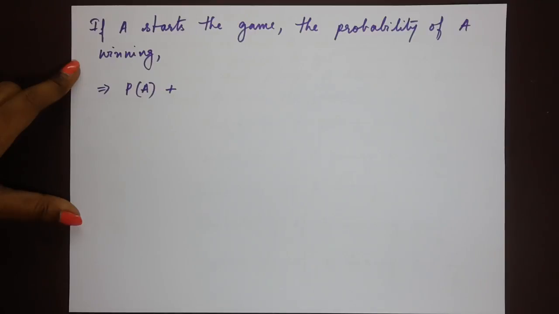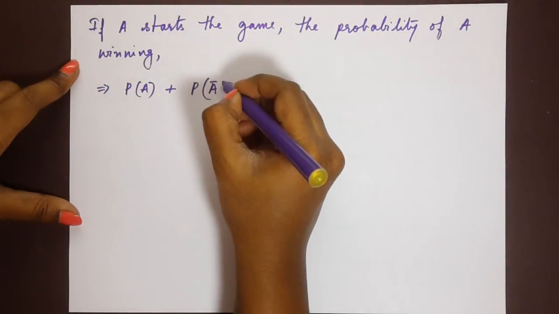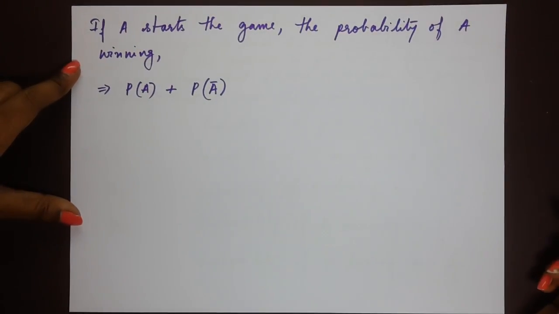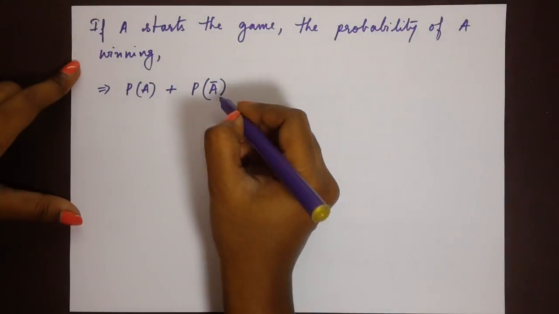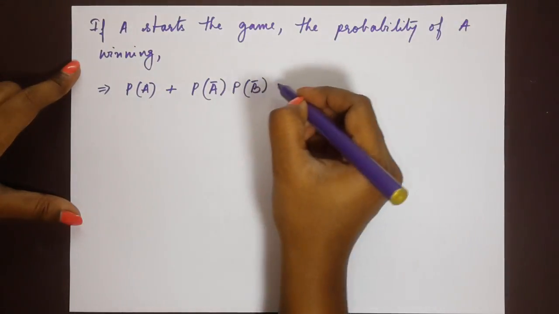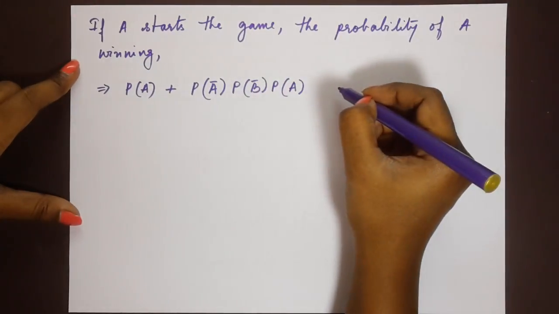That's the first time they roll. So if A wins, that's P of A plus P of A bar. Now if A doesn't win in the first roll of dice, then B rolls again the second time. So when B rolls, A loses. So P of A bar, now let's say that B also loses, and then on the third try P of A wins.